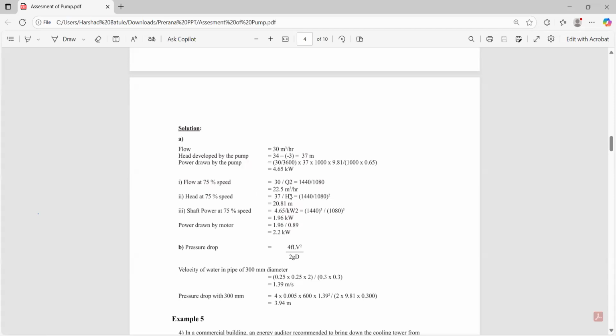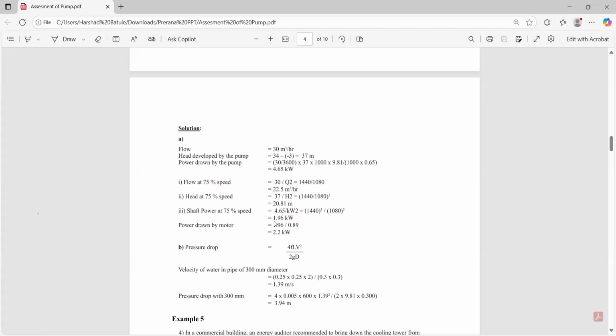If you are reducing the speed of any pump, your flow would be directly reduced, head would be reduced by the square of that particular change, and your power would be reduced by the cube of the particular change. So your input power is 4.65 kilowatt. Shaft power we need to calculate: 1440 cube divided by 1080 cube.